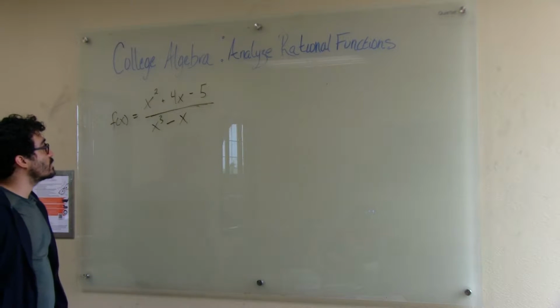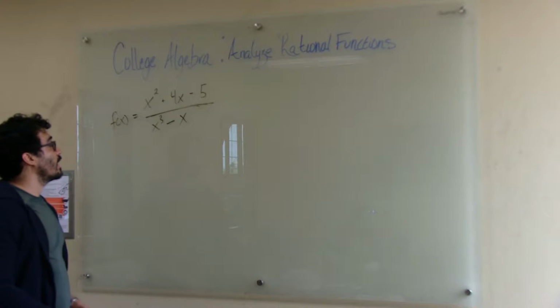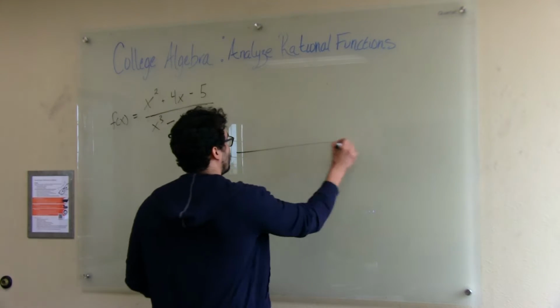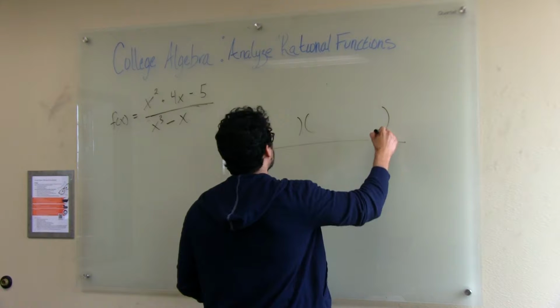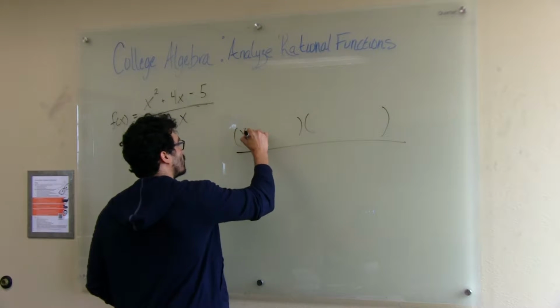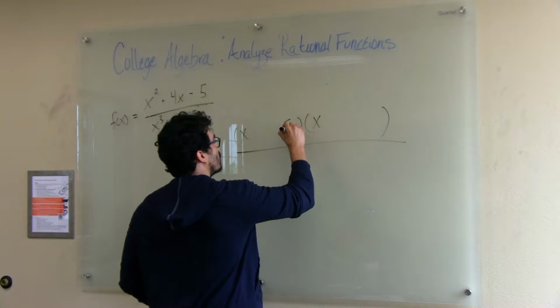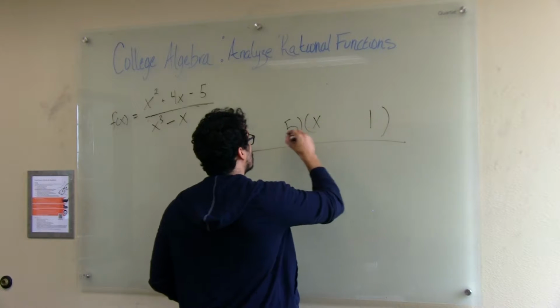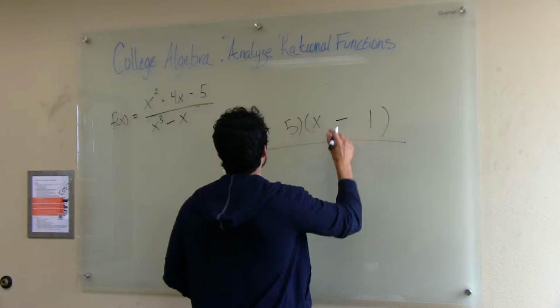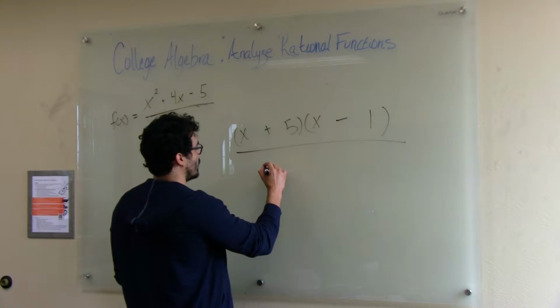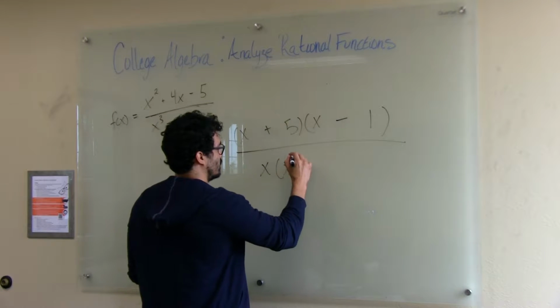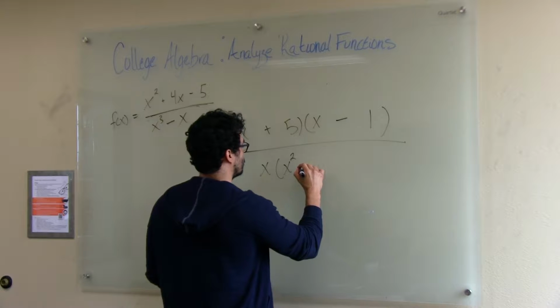Essentially, we can do this first by factoring both the top and the bottom. If we factor the top first, we get this, and then if we factor the bottom, we get this.